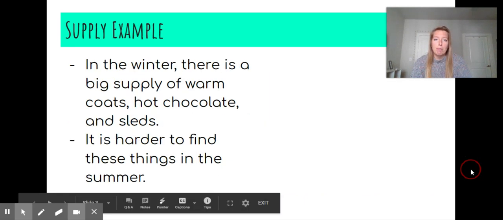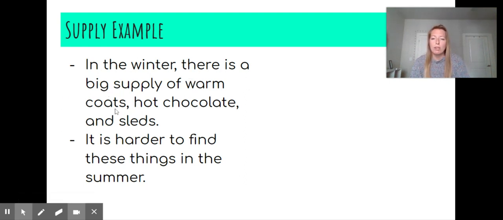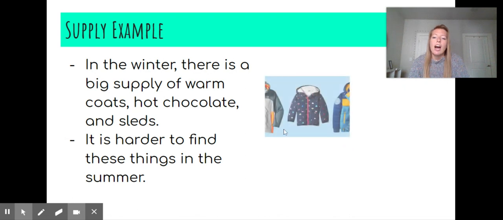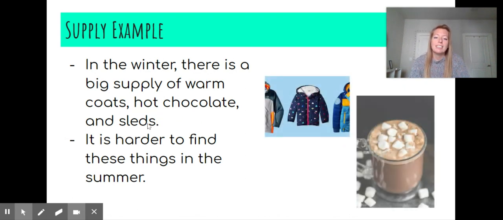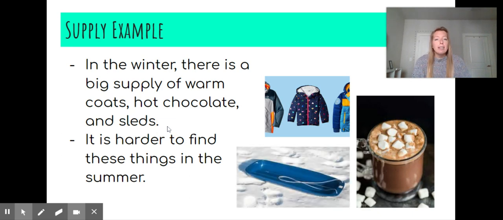Now for another example. Sometimes in the winter, there is a big supply of warm coats, hot chocolate, and sleds. Now, there's a very big supply of those things in the winter, and you can find those things all winter long in stores.